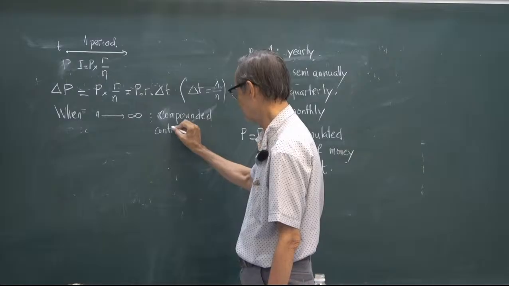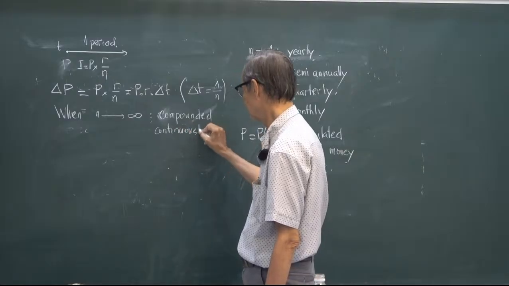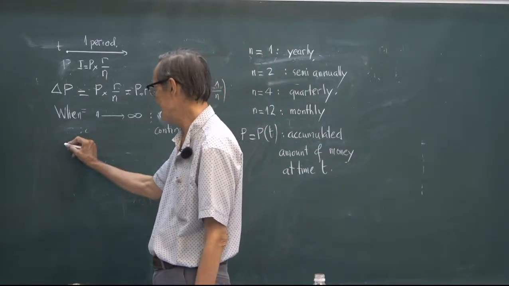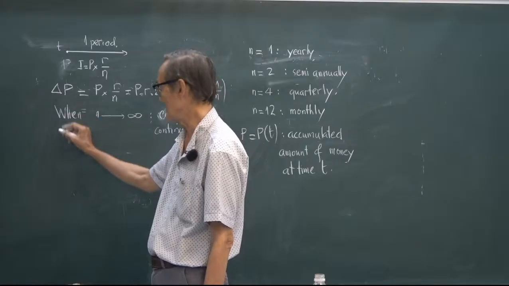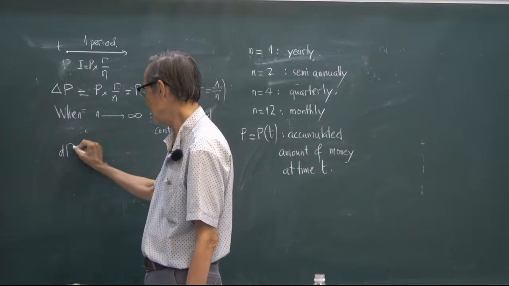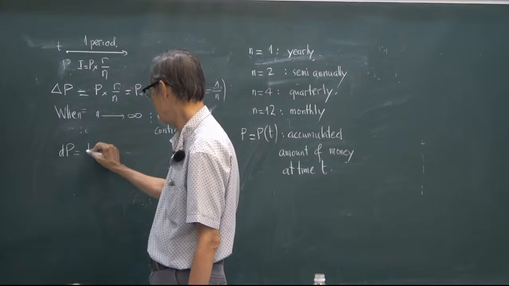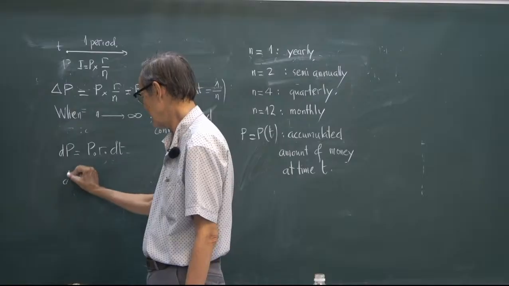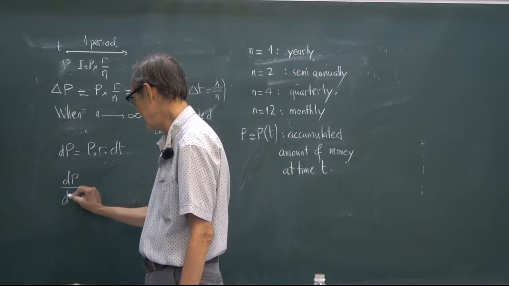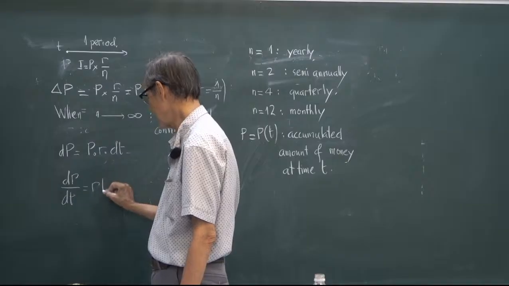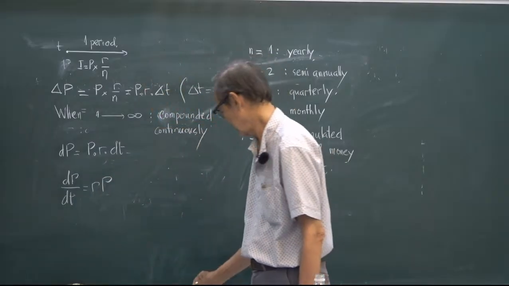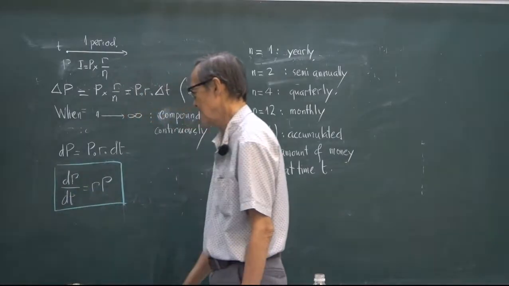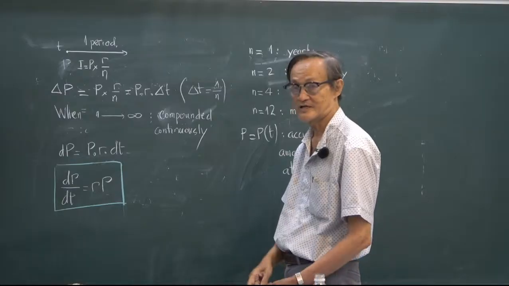We use the notation d instead of delta. dP equals P R dt, or dP over dt equals R P.